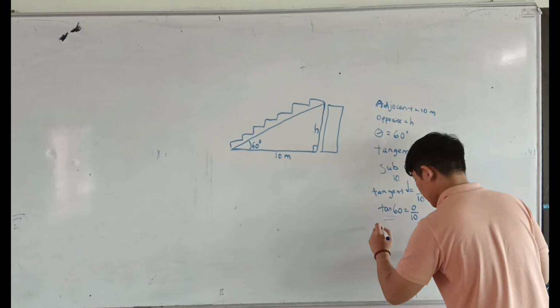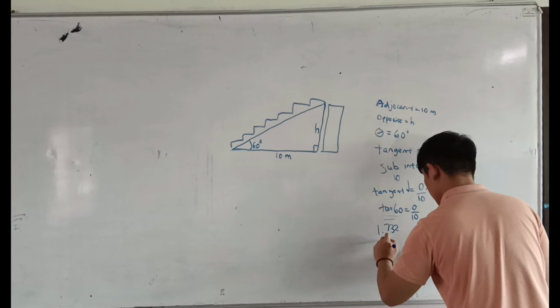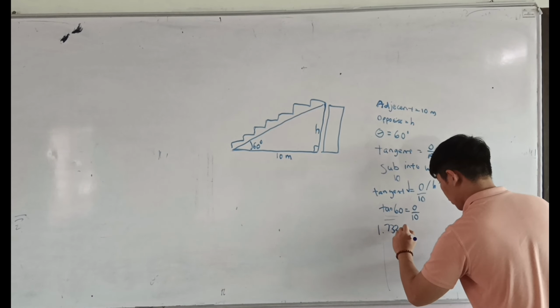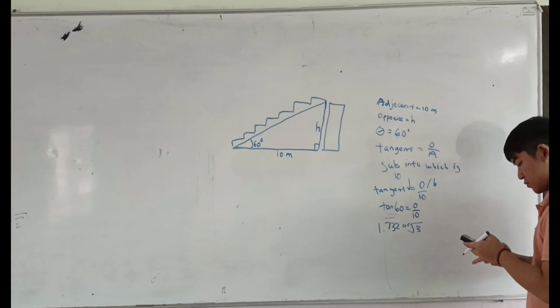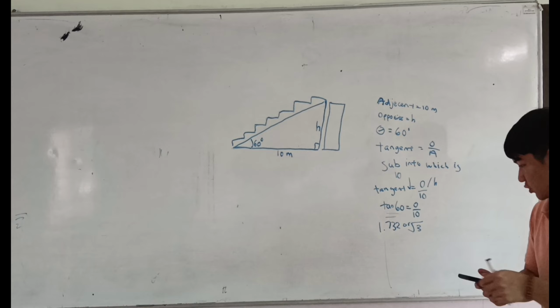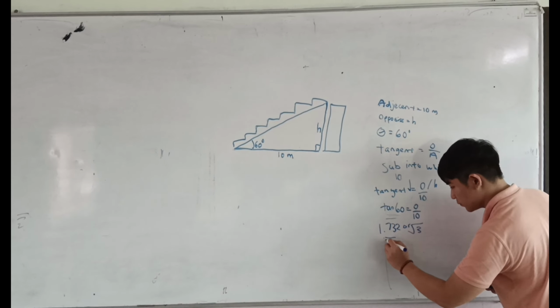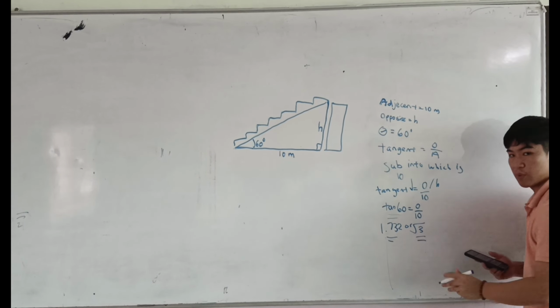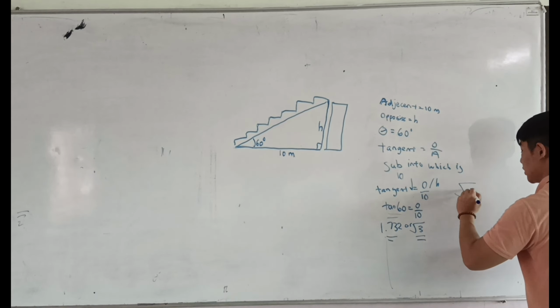That we get 1.732 or square root 3. You can either use 1.732 or square root 3. We're going to use square root 3 since it's a bit easier.